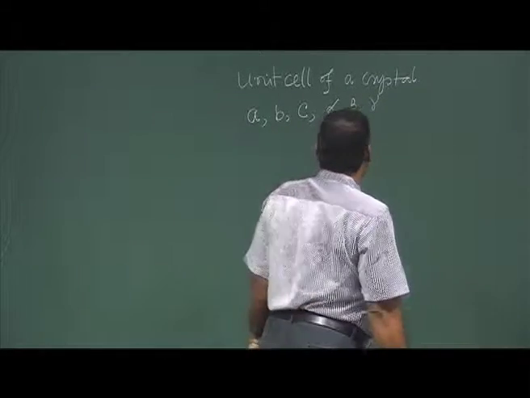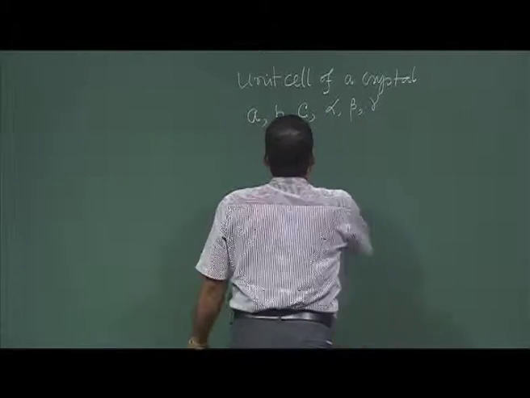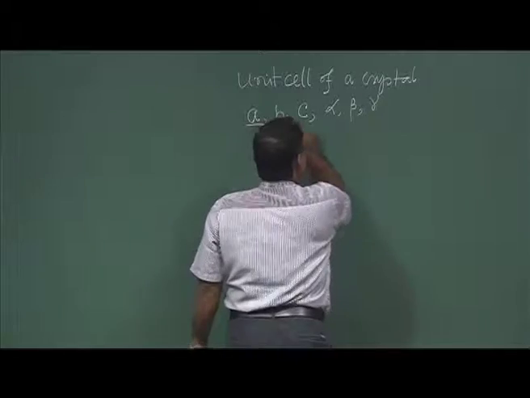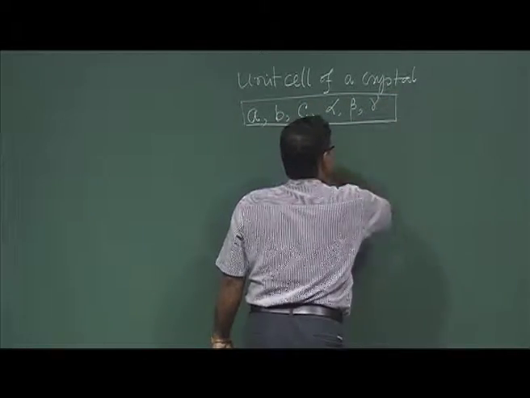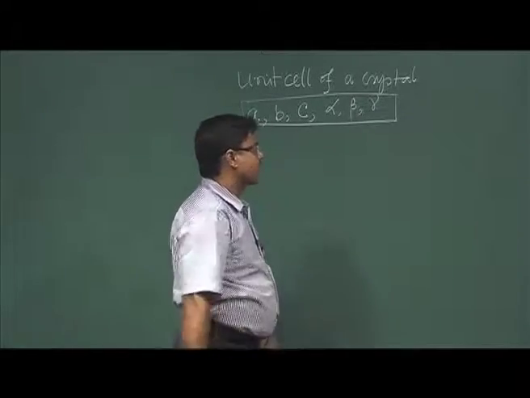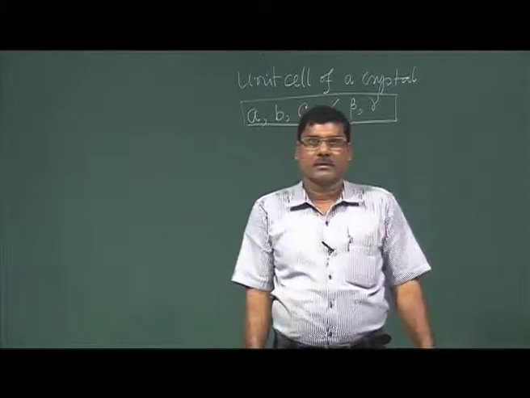So, this unit cell of a crystal can be expressed with these lattice parameters, and you know that repetition of that unit cell is nothing but the crystal structure.